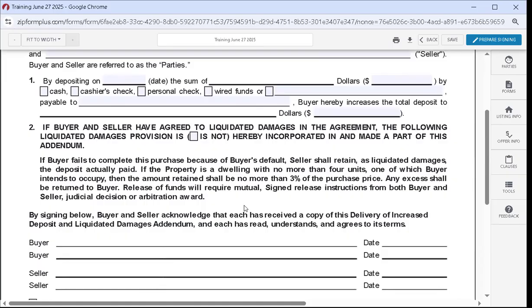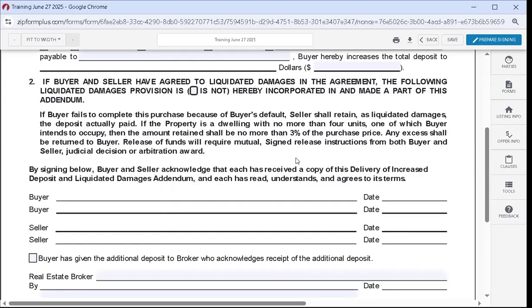Now, if they're not including that, you look at number 2, the big bolded paragraph. Buyer and seller have agreed to liquidated damages because they initialed it in the agreement, but you don't want this next portion to be included. You just check the box here, is not incorporated or made a part, okay?